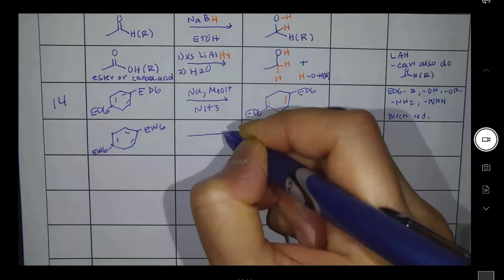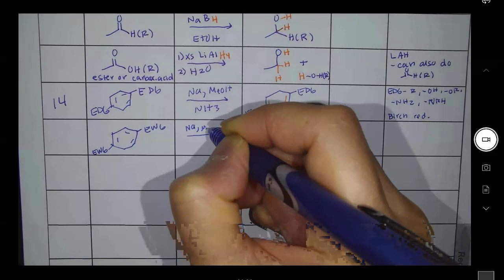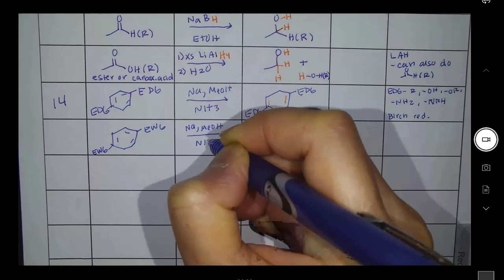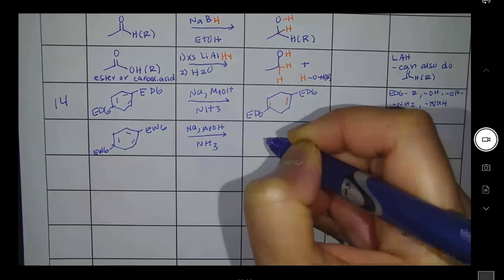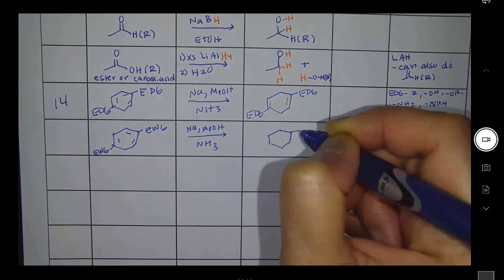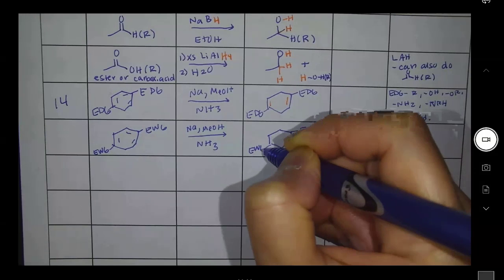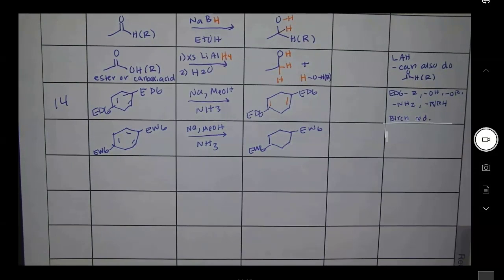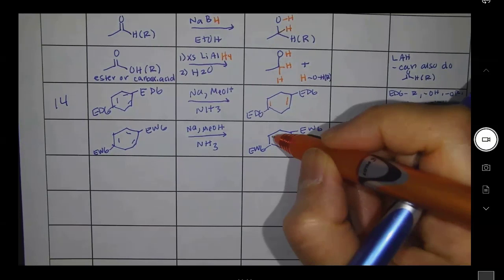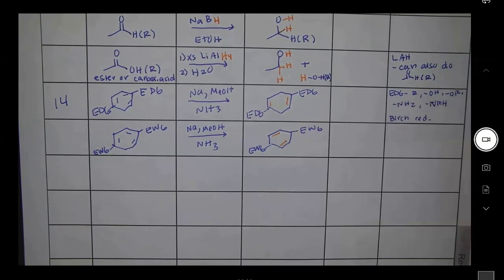So the same reagent. And now the double bonds, you're still getting cyclohexadiene, but the double bonds do not want to be where the electron withdrawing groups are.